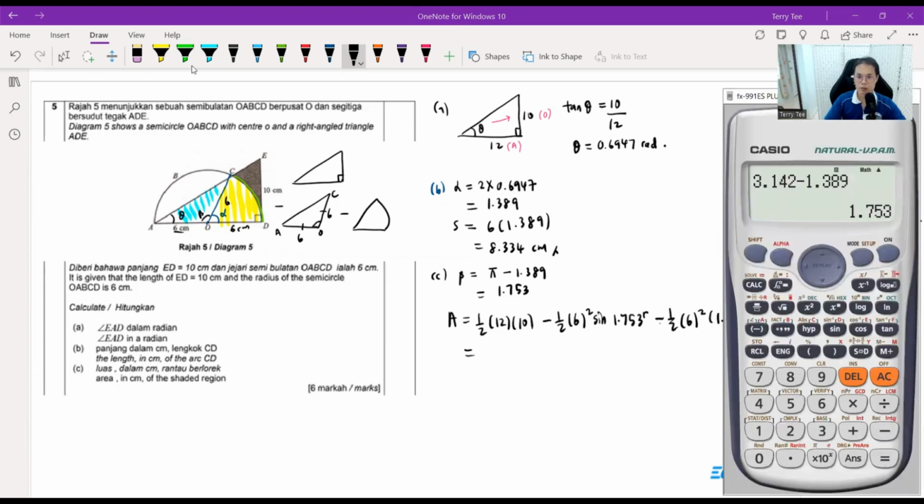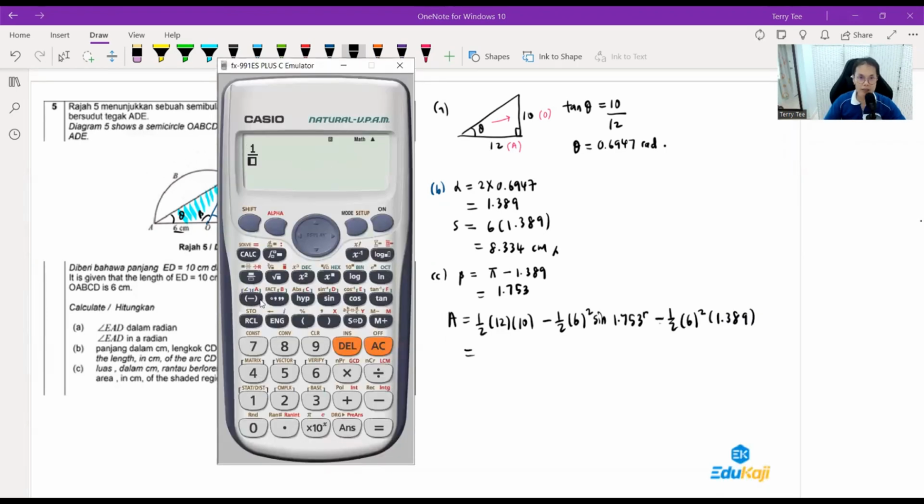Okay, let's count, right? Use your calculator. Let me do it here. Let's take half times 12 times 10 minus half 6 square sine 1.753. Make sure your calculator is in radian mode, because this is in radian.